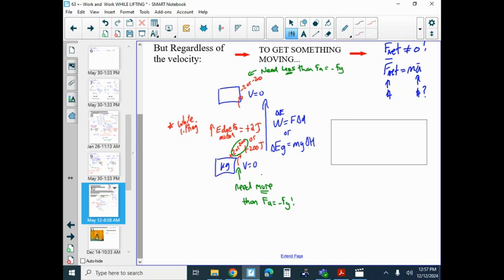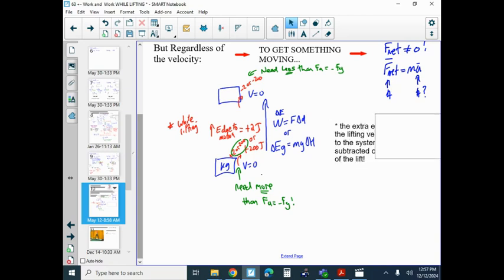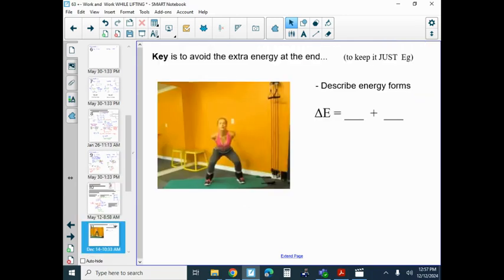So really you push more at the beginning, but then less at the end, and it just averages out. So you have some energy due to motion while lifting, but it's so small, you just have a little extra at the beginning and a little less at the end, and it just cancels out. That's the ideal situation when we're talking about lifting, because you want it to be as simple as possible. You want to just talk about gravitational potential energy versus this situation, right?